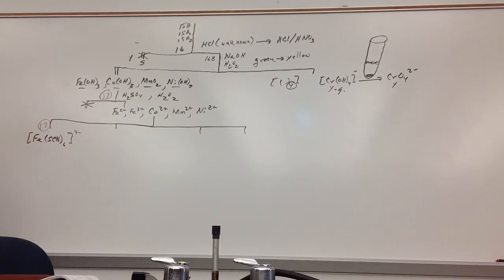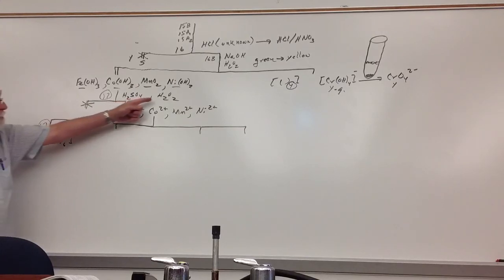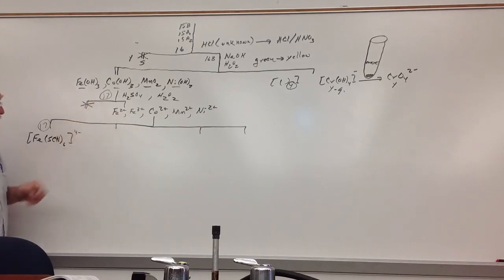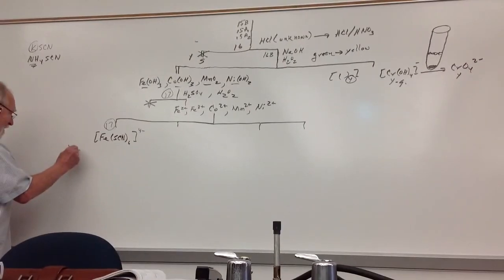Okay? And the iron 3 also makes a complex with thiocyanate, but I don't think it's as dark as the iron 2 complex. And notice when you did this reduction here, you reduced most of your iron 3 back to iron 2 also. Okay? Now, first thing is, what the heck is the name of this? And everybody says, okay.